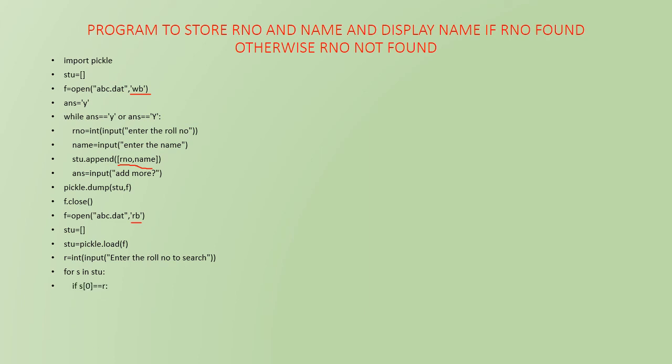Now, what is the meaning of s of 0 here? I said that the list is having two things, a roll number and also a name, roll number comma name.